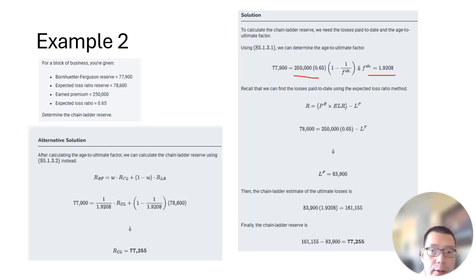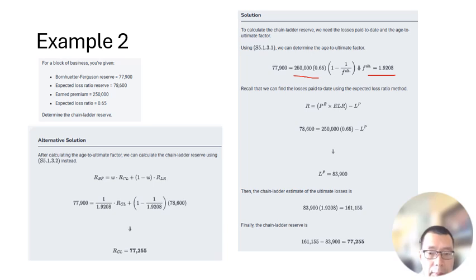Recall that we find the loss paid to date using the expected loss ratio method. So R will be equal to the premium times the expected loss ratio minus paid loss. So 78,600 would equal 250,000 times 0.65 minus LP.